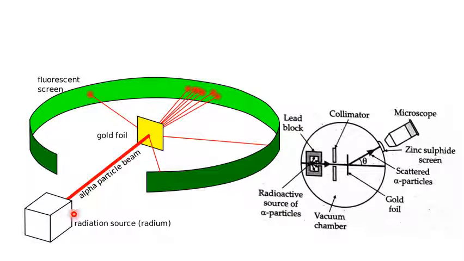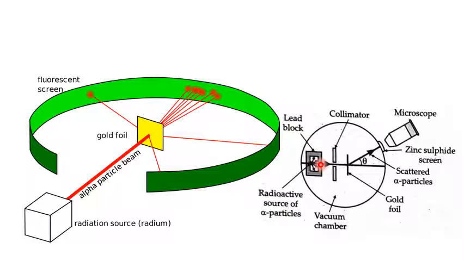This is your radioactive source. It can be radium or bismuth, any radioactive element. This element is enclosed in a thick lead block with a very narrow opening.